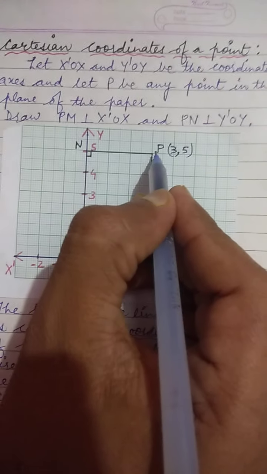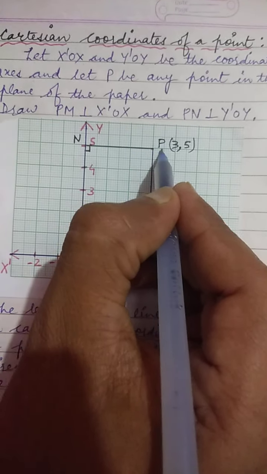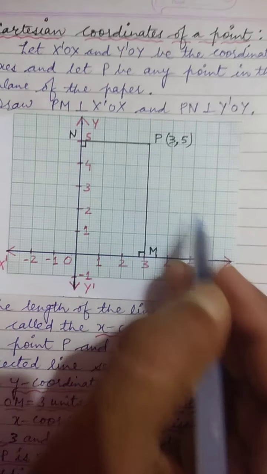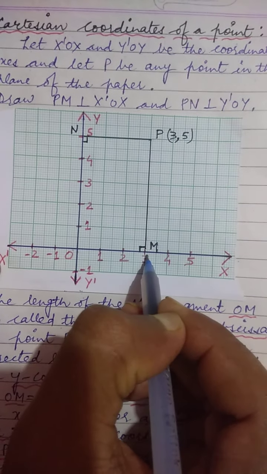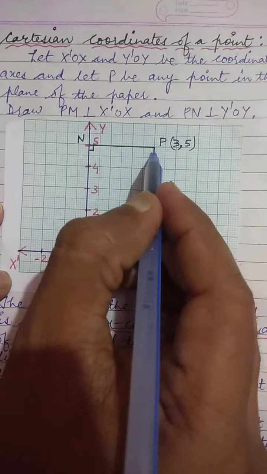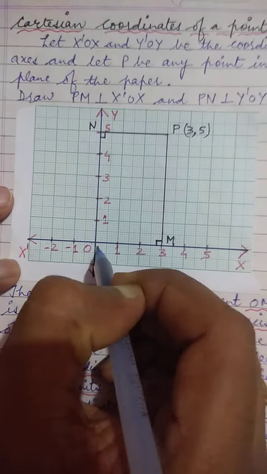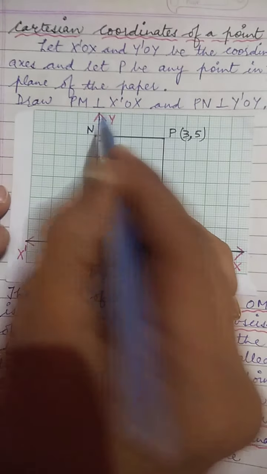And let P be any point in the plane of the paper. Now we will draw PM perpendicular to X'OX and PN perpendicular to Y'OY.